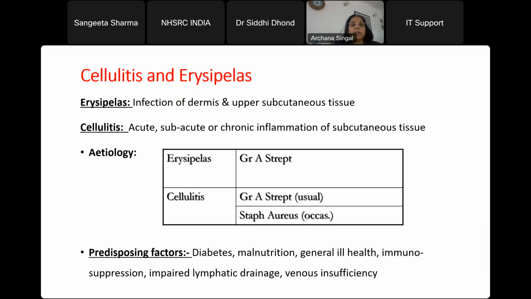Cellulitis, on the other hand, has dermis and deep subcutaneous tissue also. So it is a deeper infection. So it will not be on the surface. It will not be very well defined. And erysipelas is exclusively caused by group A streptococci, while cellulitis can be caused by streptococci as well as Staph aureus. And again, the predisposing factors are the same.